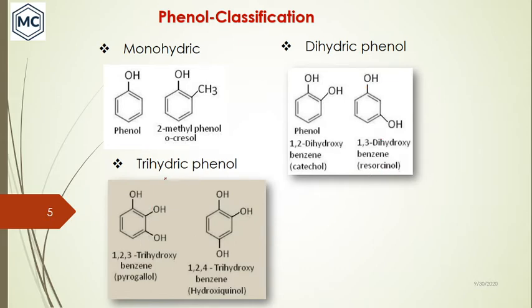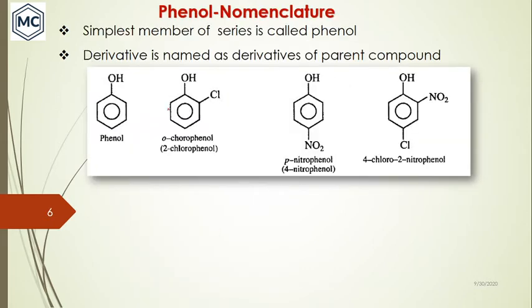The third category is trihydric phenol: 1,2,3-trihydroxybenzene is called pyrogallol, and 1,2,4-trihydroxybenzene is called hydroxyquinol.